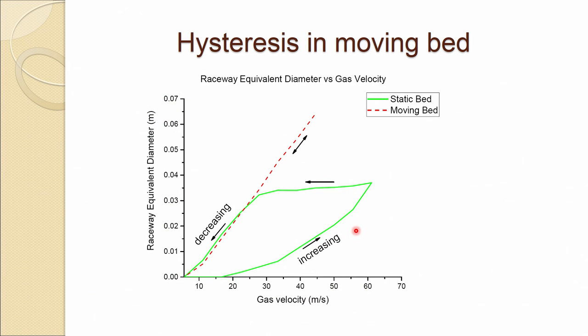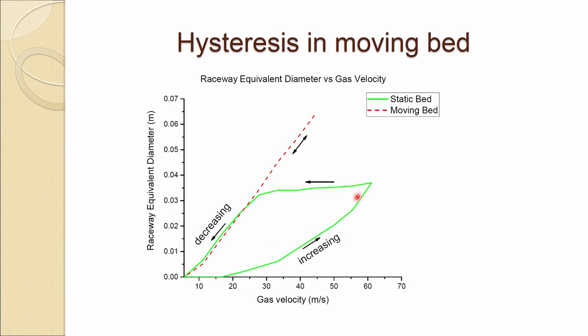And as we were talking also about the experiment in the stationary bed and the moving bed, we saw this figure where in the increasing case it follows this path, and while we decrease the velocity it follows this path.